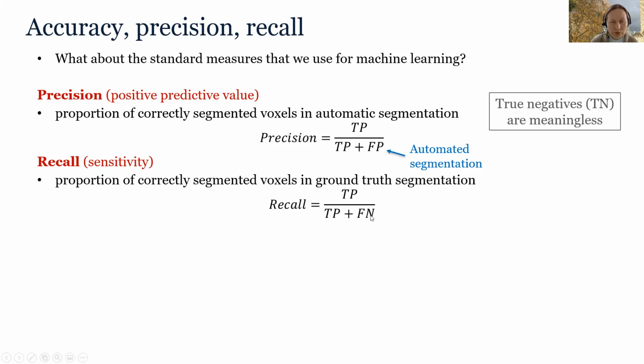So these are all the voxels that should have been positive. So that's our ground truth segmentation. These two measures are very useful and they are complementary to each other because they will tell us whether the segmentation was over-segmented or whether some voxels were actually missed.